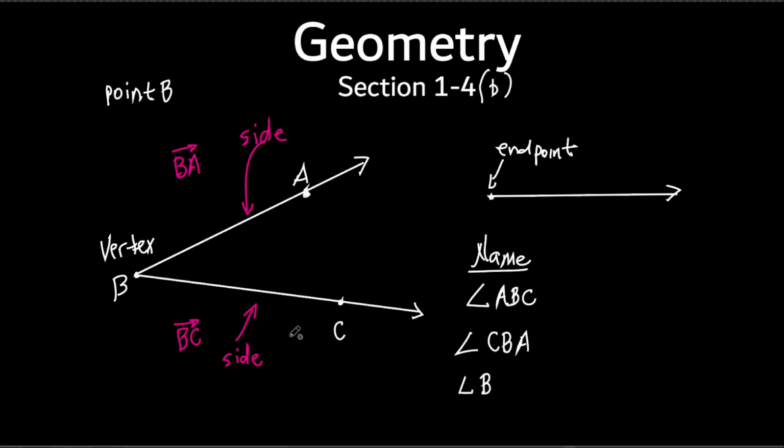This is a common mistake students make all the time. They think of lines, it doesn't matter what order. I could call it line AB and line BA. It doesn't make any difference. But a ray is more specific than that. A ray has an end point. It has to start with the end point. You got it? And that's why we called it ray BA and ray BC. We clear or not? If you have any questions, just ask me.